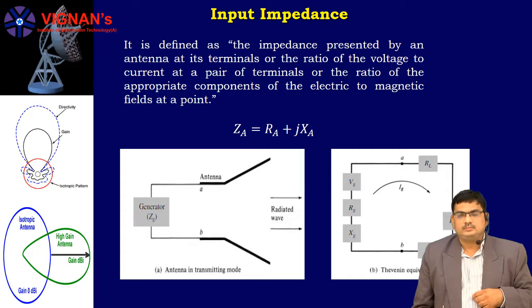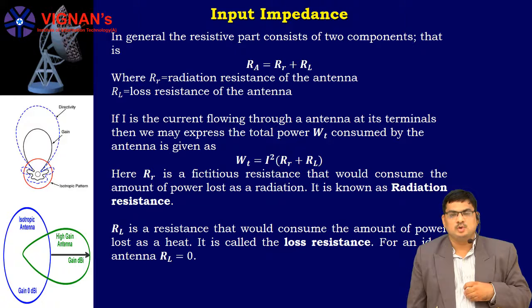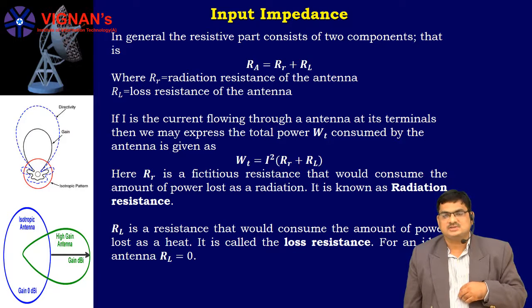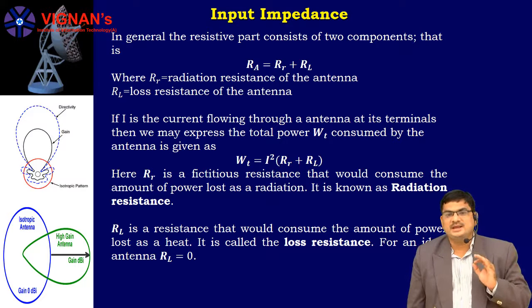We know that the total resistance of any antenna is equal to radiation resistance plus loss resistance. These losses are because of ohmic losses, conductive losses, or dielectric losses.